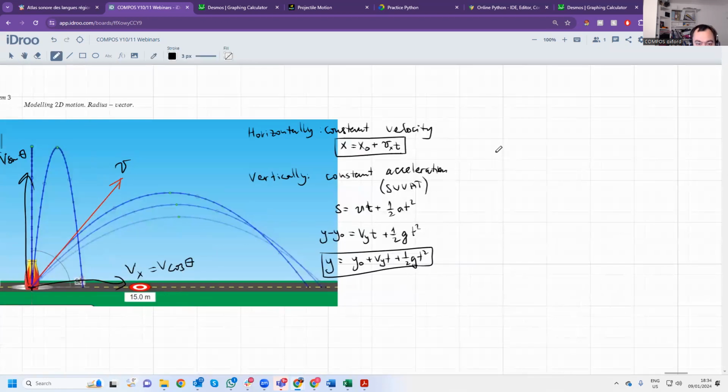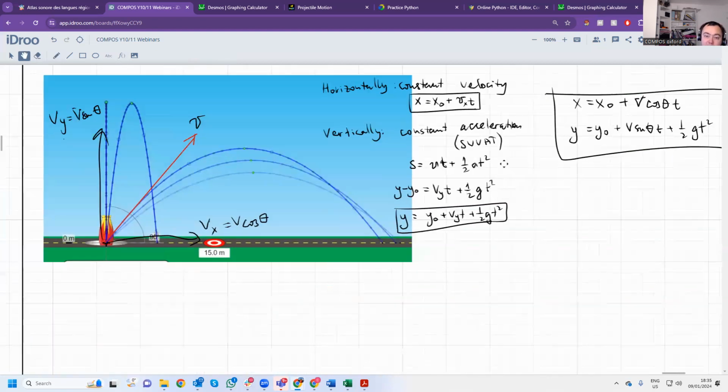So we can rewrite this formula: x is x0, the initial position, plus vx, so that means v cos theta multiplied by t, and y is equal to y0 plus v sin theta t plus 1/2 gt squared.